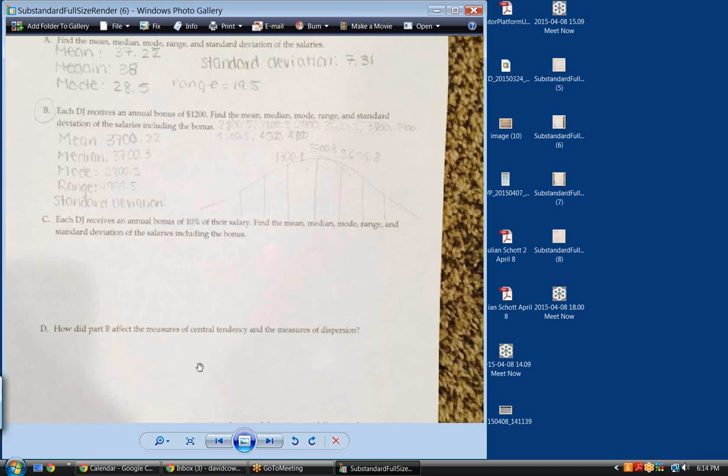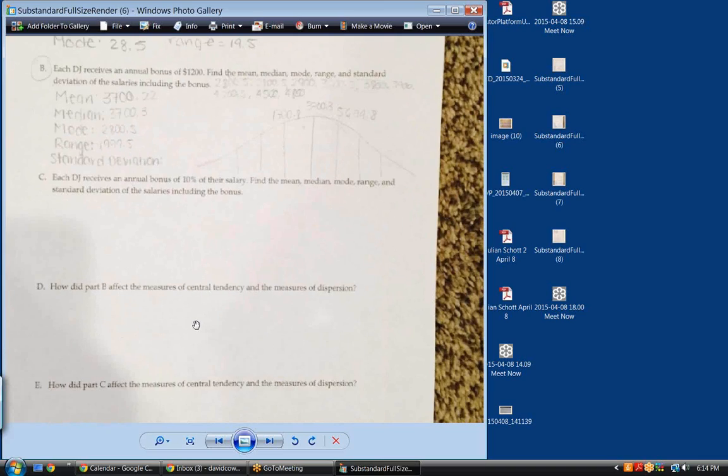Okay. How did Part B affect measures of central tendency and measures of dispersion? Well, once we have the answer to C, we will know that, right? Remember, measures of central tendency is what? It is the mean, median, mode.